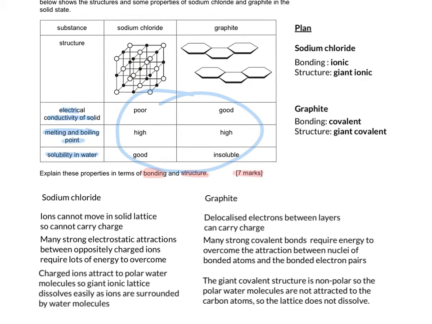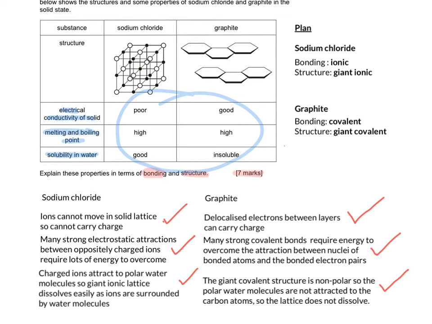Thinking about where the marks might come in, the structure is used to explain the conductivity in each case. The bonding is used to explain the melting point. And the features of the structure, in terms of its polarity, or the polarity of the solvent and how it might respond to that particular structure, is used to explain whether it dissolves or not.